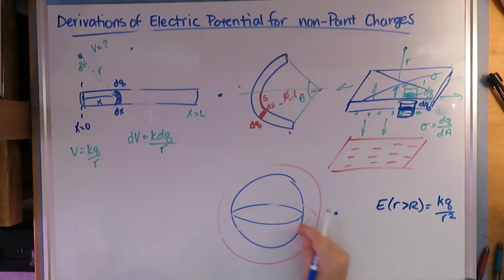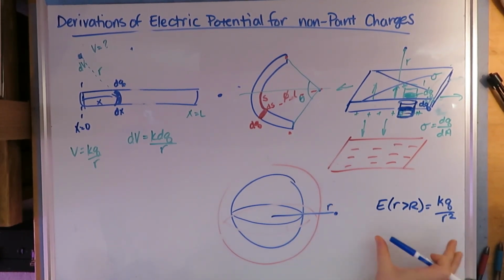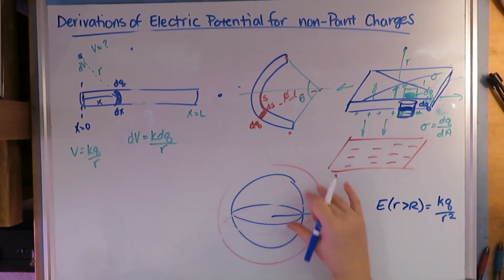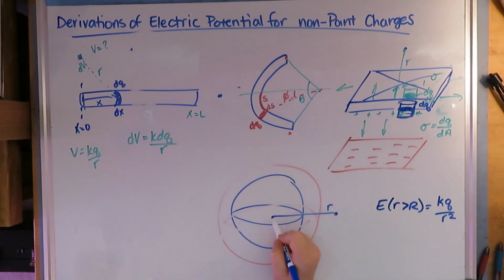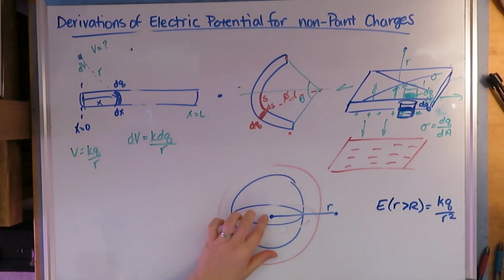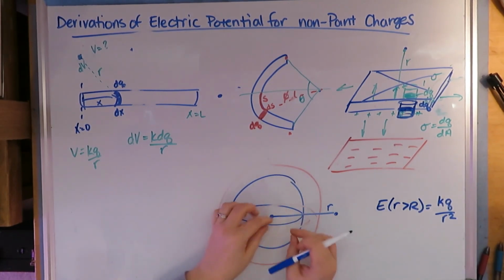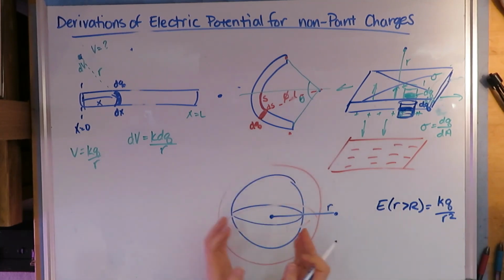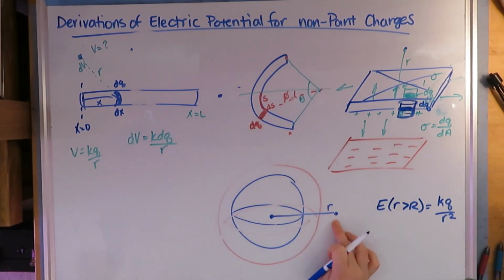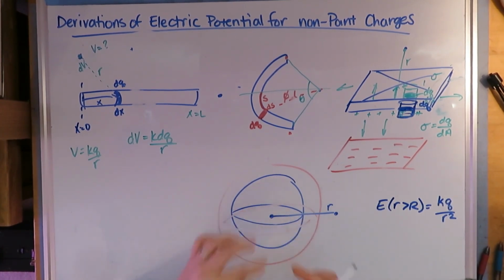So if I was outside of the sphere and I knew what radius I was away, I can treat this whole thing as basically acting like a point charge located at the origin, at R equals 0. If all of my charge is at R equals 0, this blue shell would have the exact same electric field at R as if all of the charge was at this point. So we can assume that that behaves.